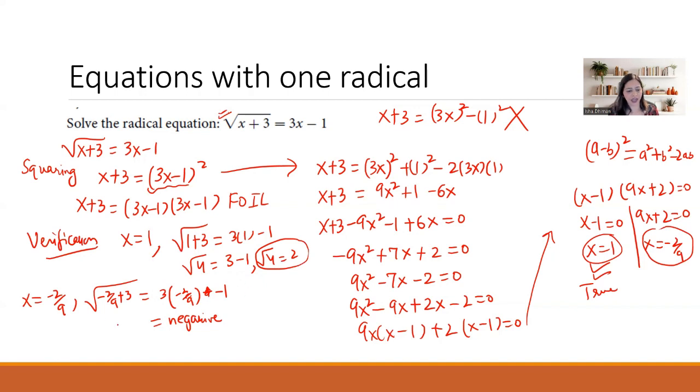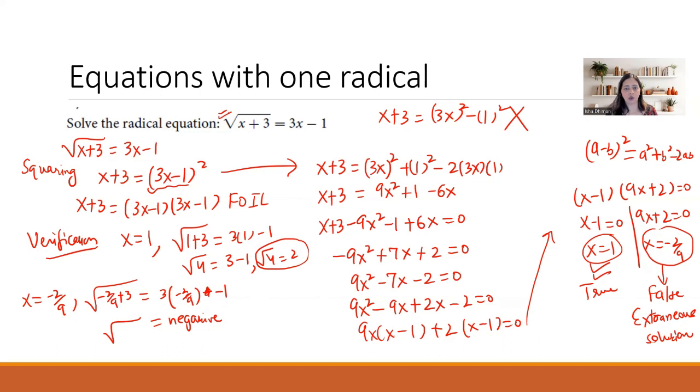So this is a negative thing. Left-hand side is a square root. So square root can never be equal to a negative thing. So hence, I would say this is a false solution, or the technical word for that is extraneous solution. So that's how you end up getting equations like this.